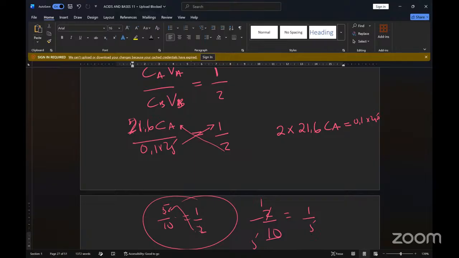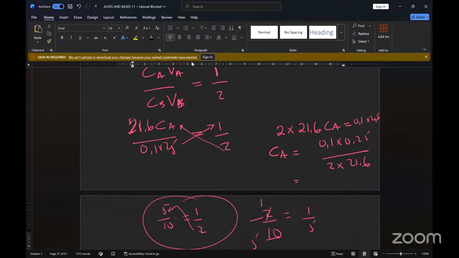So our concentration of the acid is going to be 0,1 times 0,25 divided by 2 times 2,16. Of course, you can do this and solve it without having to get this far. You can find the answers much earlier.